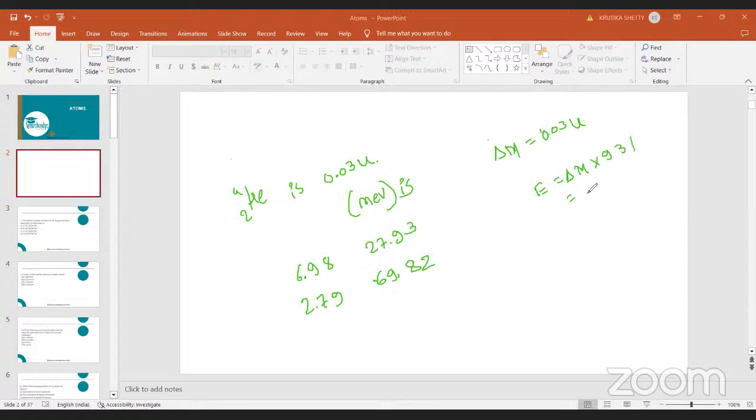So this is 0.03 into 931, which is 27.93 mega electron volt. This is the energy, but they are asking the binding energy per nucleon, so we divide by n. The n value for helium is 4. So the answer is 6.98, option A. It is correct. Very good, students.